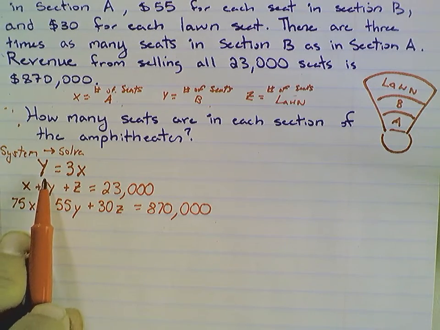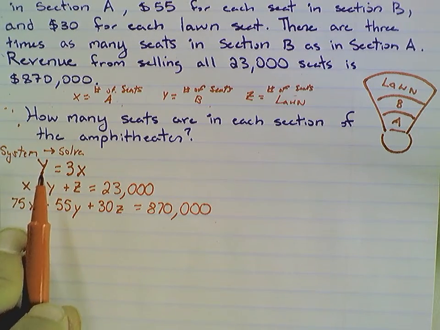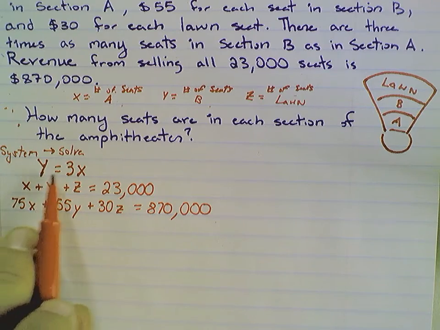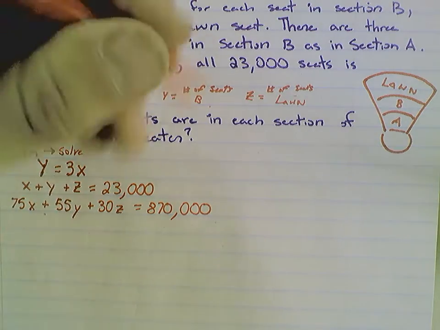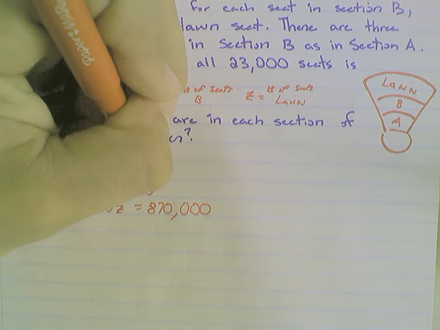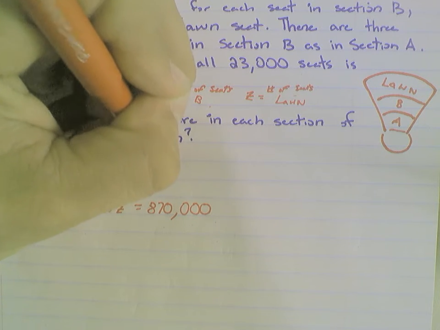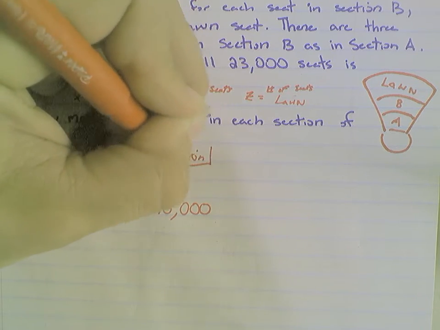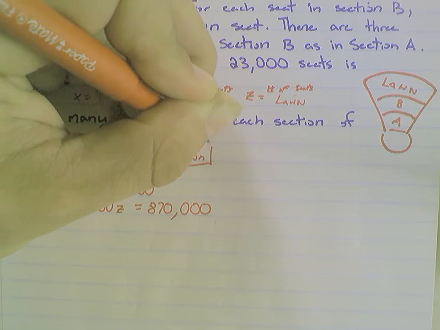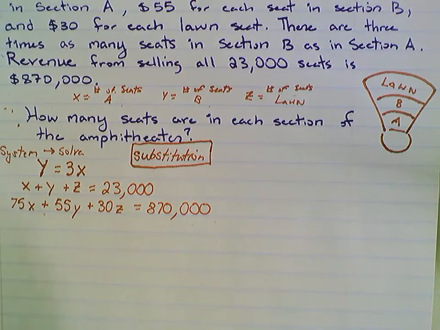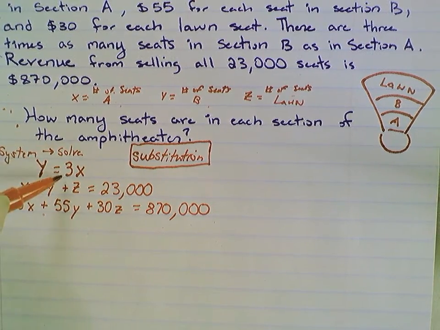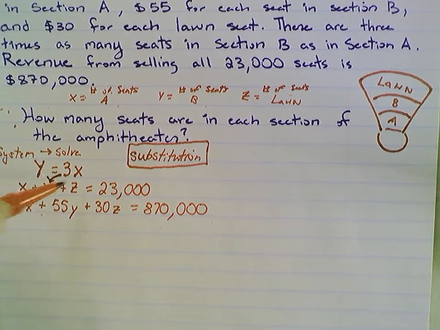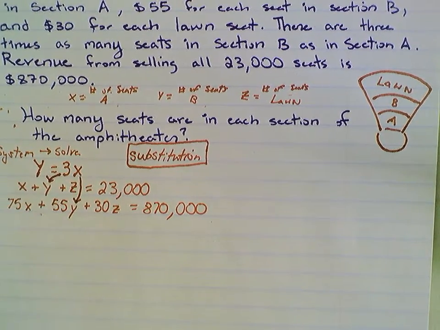Anytime I have an equation that's already solved for a variable, I'm more than likely going to use a method called substitution to solve it. The way substitution works is I can take this first equation and substitute it in for the y's in the other two equations.